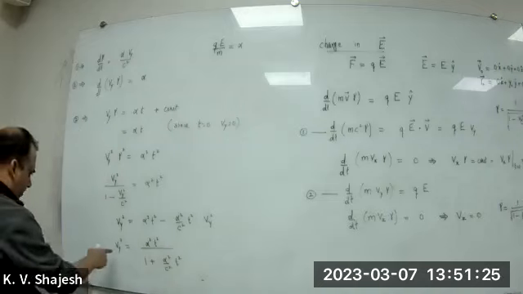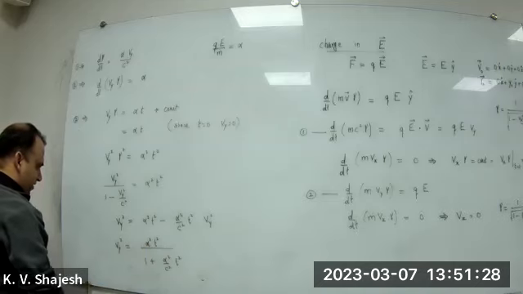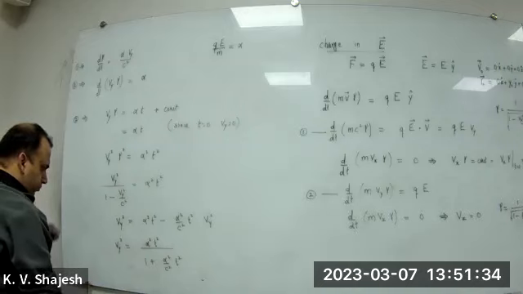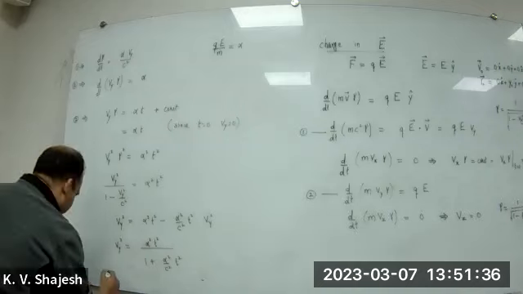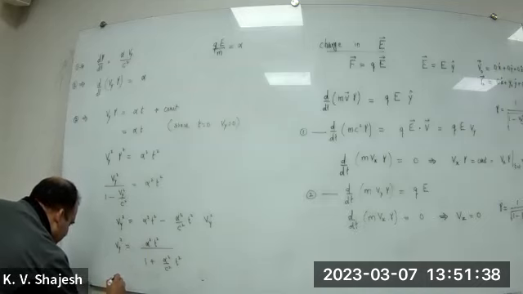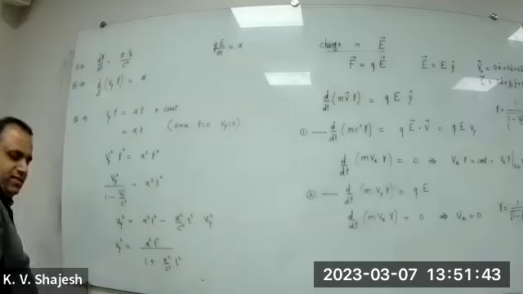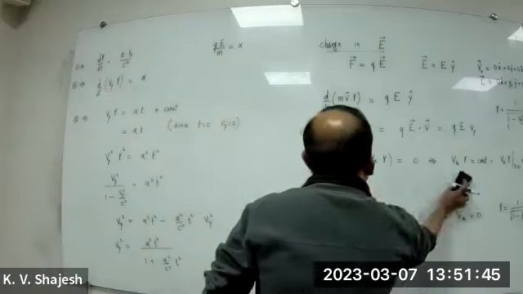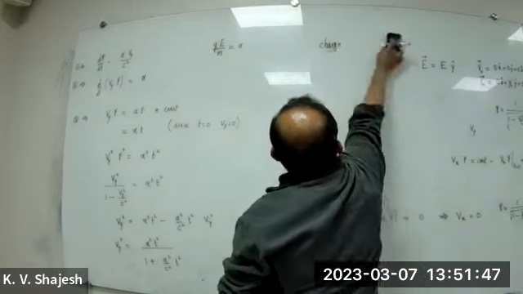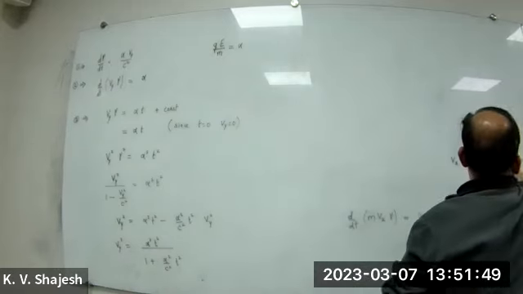Divide both sides by c and rewrite this. What I want to write this as is beta square, let's say. Probably beta square. Let's stay as this. Oh, I shouldn't have erased this.